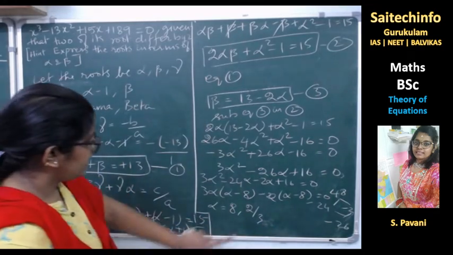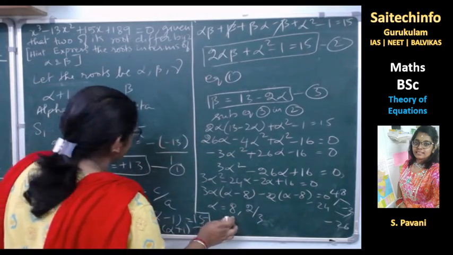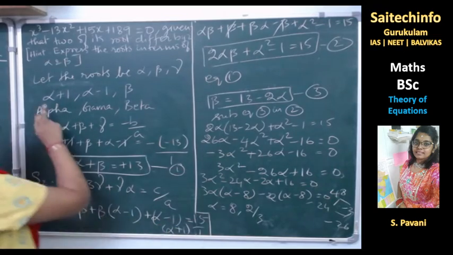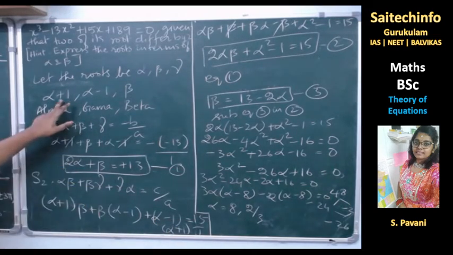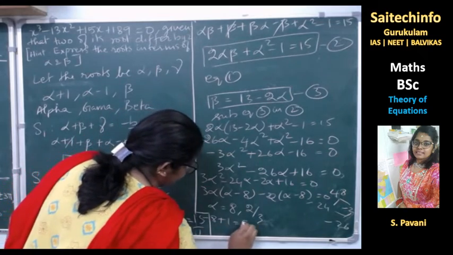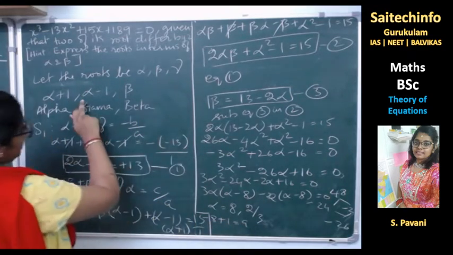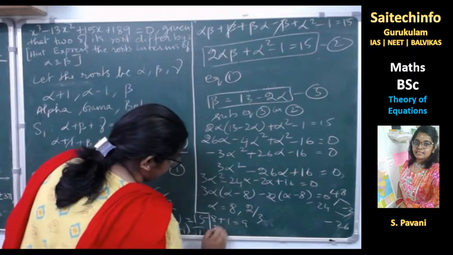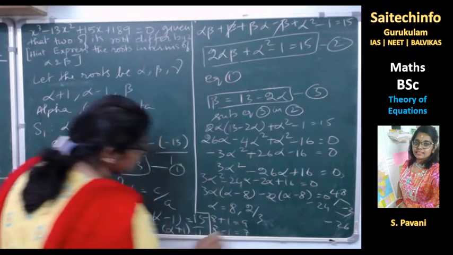If we take alpha as 8, let's substitute this alpha in the roots. Alpha plus 1, that is 8 plus 1, is equal to 9. This is the first root. Alpha minus 1, 8 minus 1, is equal to 7. This is the second root.